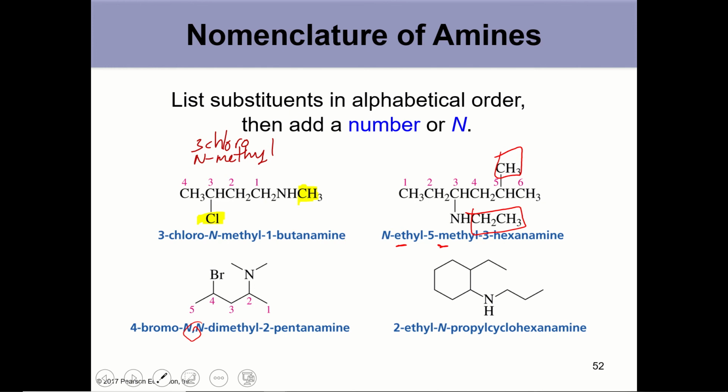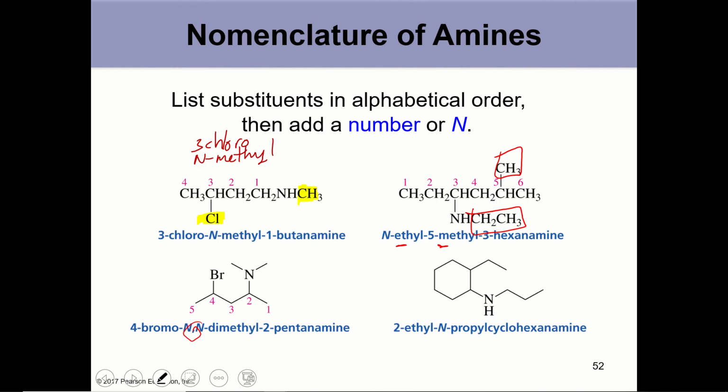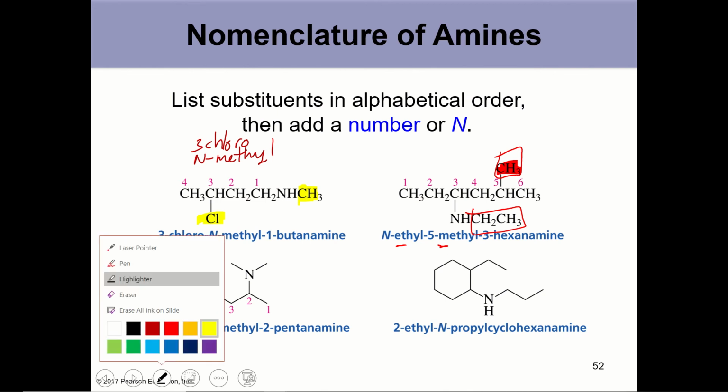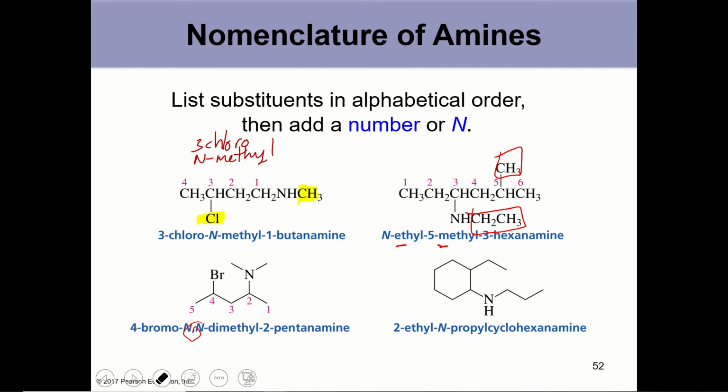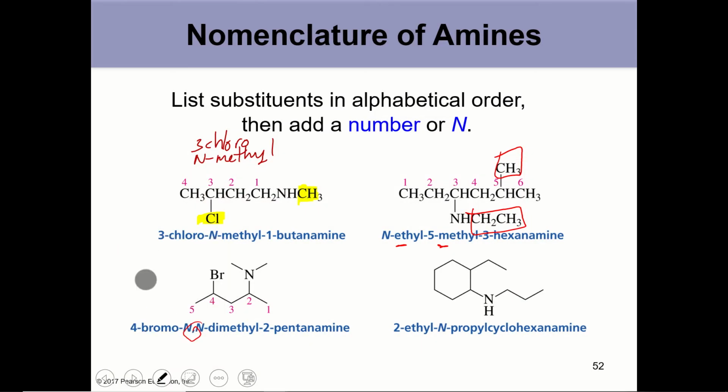In the second set, we have our substituents as methyl and ethyl, with the methyl being at carbon 5.